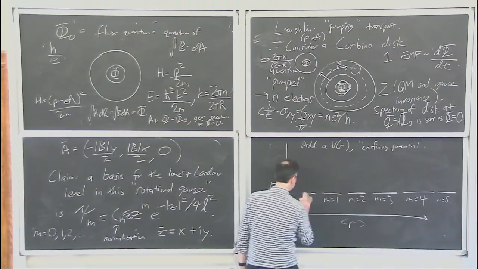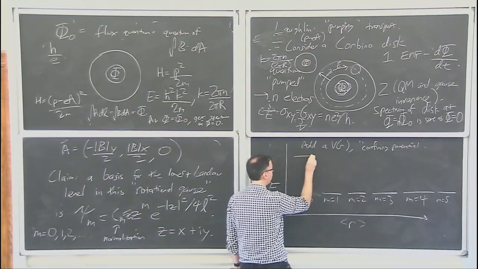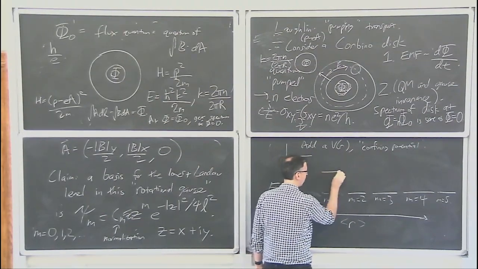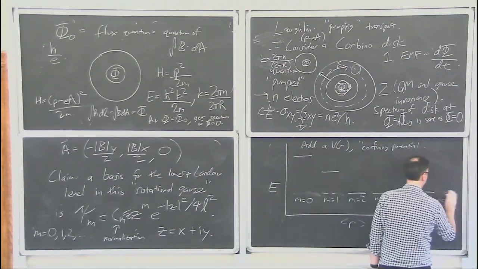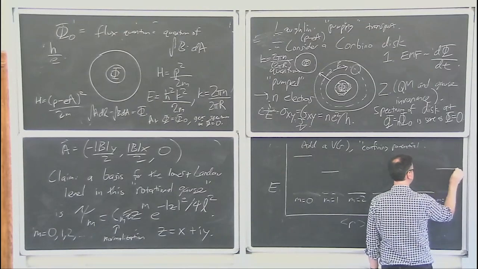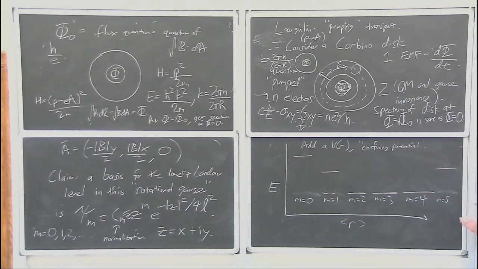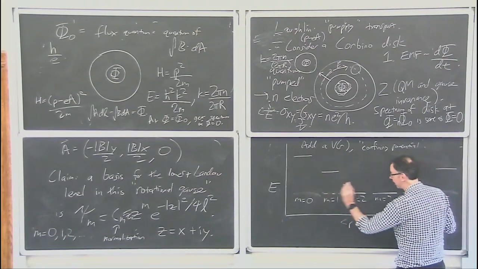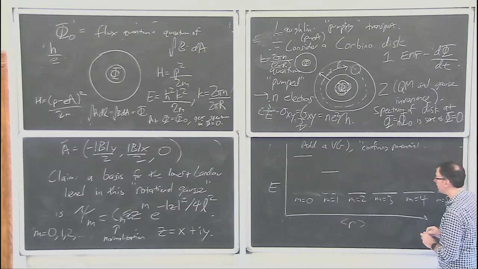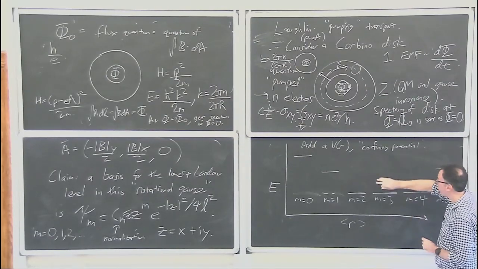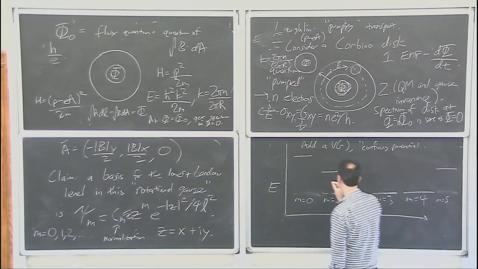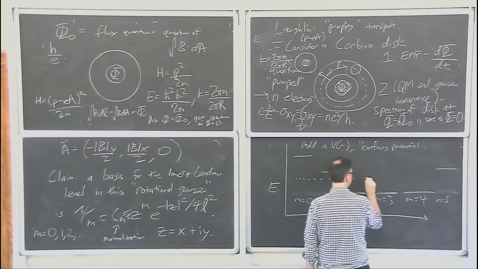So now these states will get moved a bit in energy. Let me draw it this way. So what I've done, again, now I'm no longer just in the lowest Landau level problem, because the lowest Landau level would be exactly degenerate. Now I've added some extra V of R, and it's moved things like this, and maybe I put my Fermi level, let's say here.